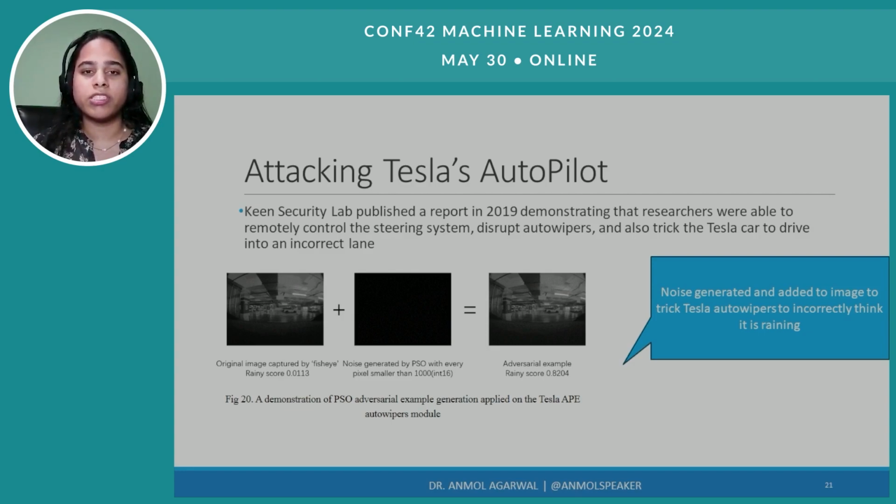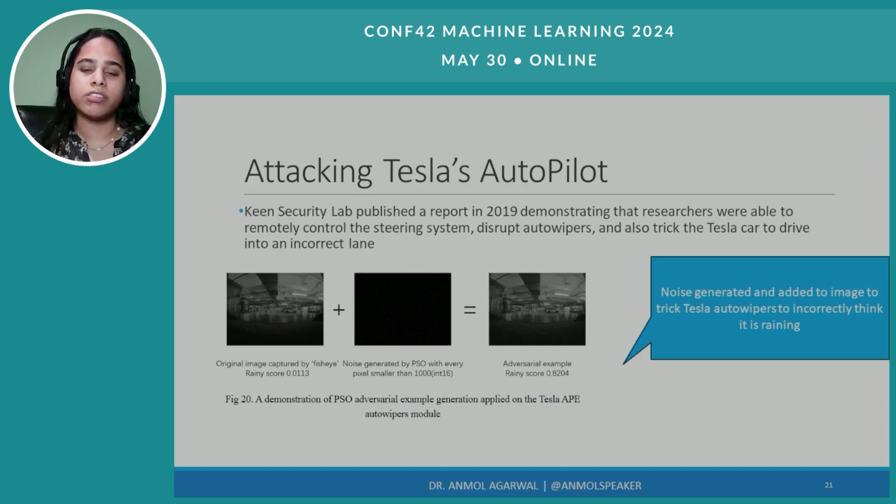The first example is showing you an evasion attack. The first image depicts a clear day, and then they add noise to the image. When they add noise, the product is an adversarial example. It looks exactly the same as the first image, but it has a very high rainy score.